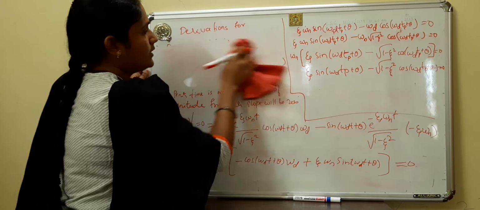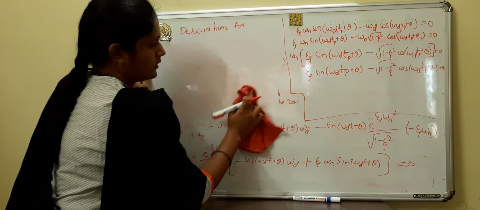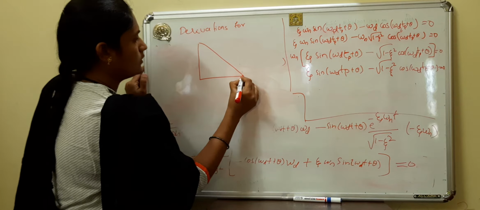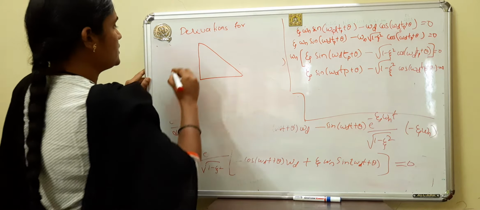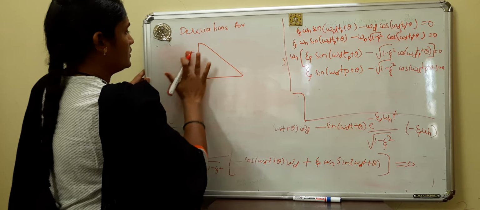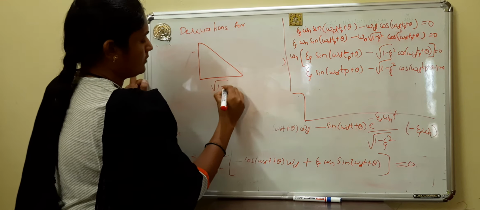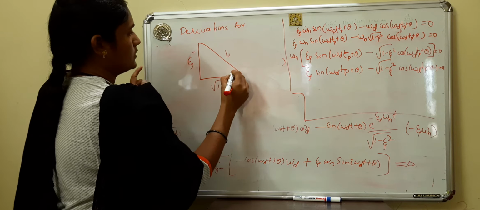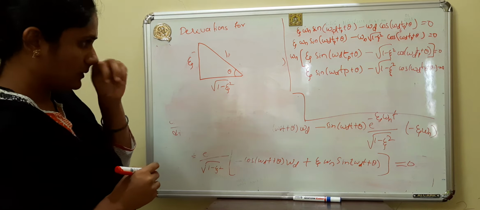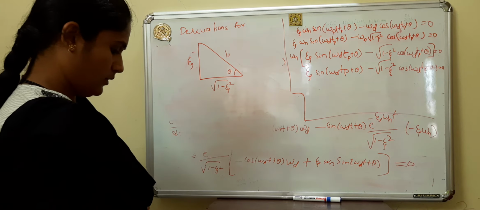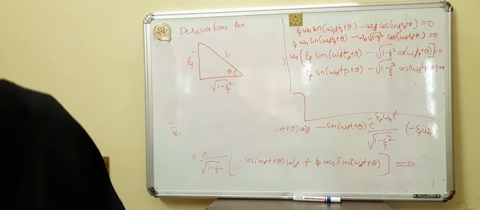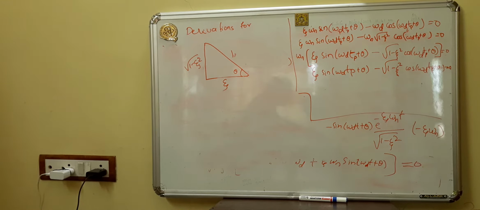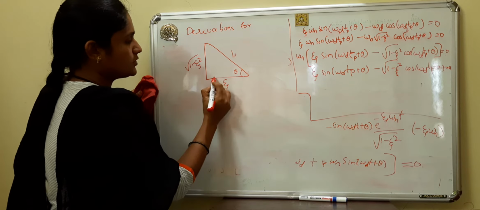Now we will see how to simplify it. Before that, all of you see this triangle: this side is square root of 1 minus zeta square, this is 1, and this one is angle theta. We can see the relationship between theta and zeta.